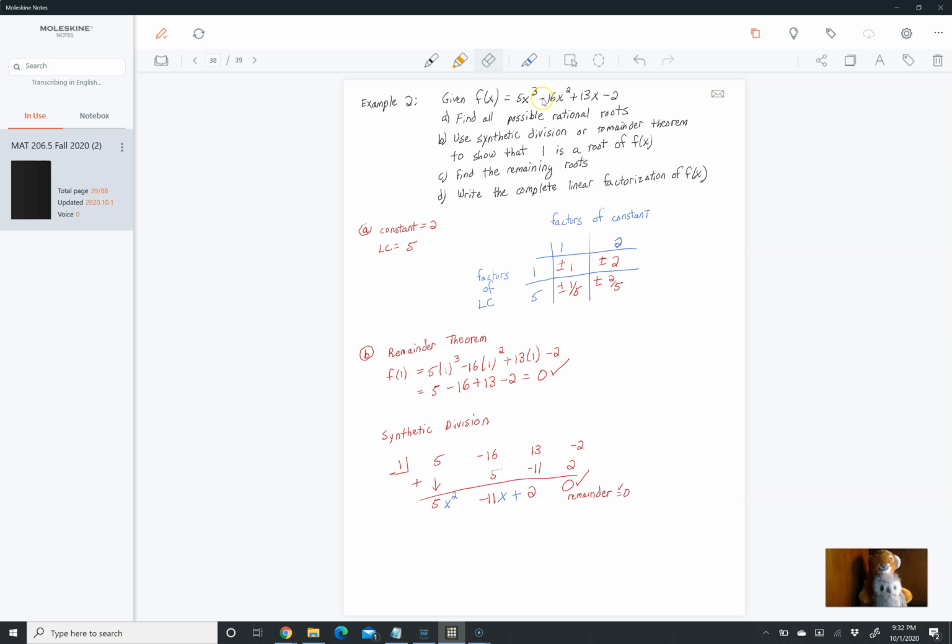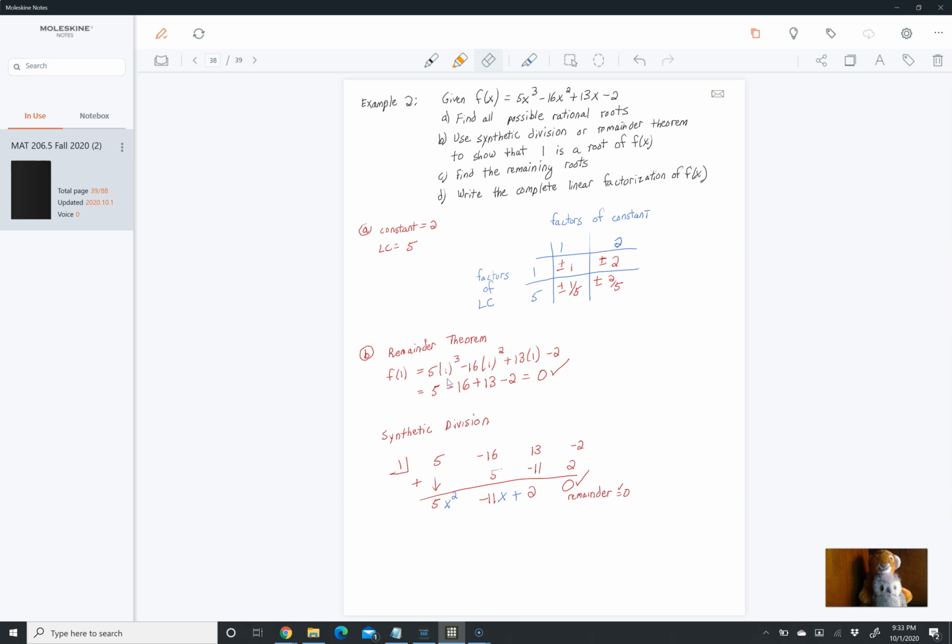Now, it's a polynomial of degree 3, so if you remember, that means there are 3 roots. We already found one of them. So we could try the other 7 possibilities using the remainder theorem. Plug in negative 1, plug in 2, negative 2, 1/5, negative 1/5, 2/5, negative 2/5. You hopefully will get 2 more that give you a 0, and those would be your 2 remaining roots.